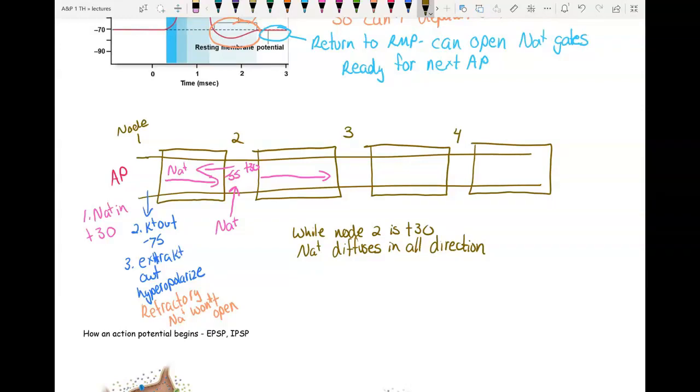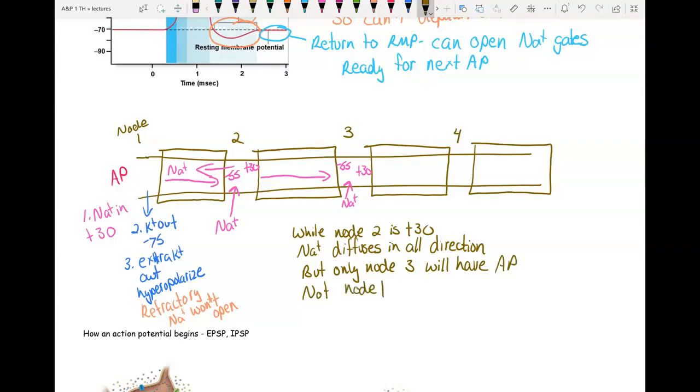But only node 3 is going to have an action potential next. So the sodium is diffusing out in all directions, but only node 3 will have an action potential, not node 1.